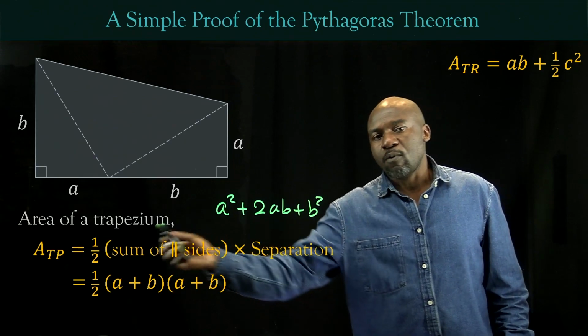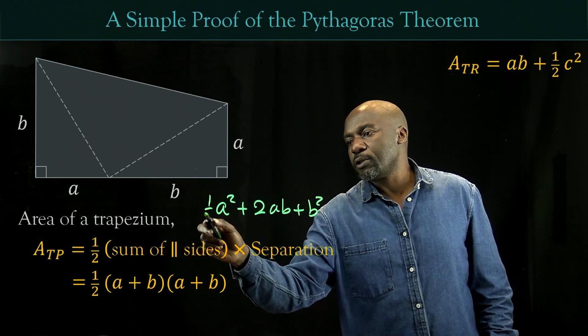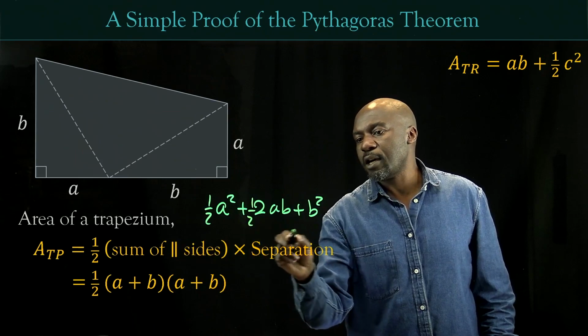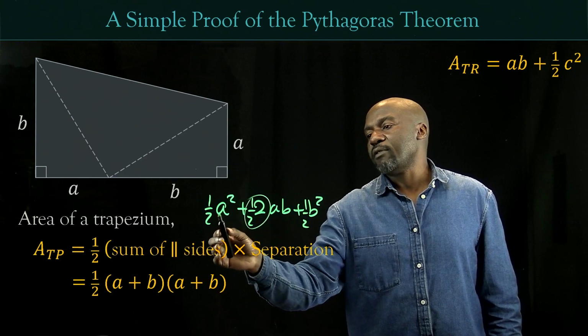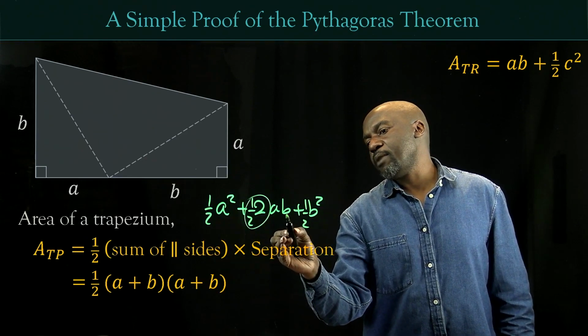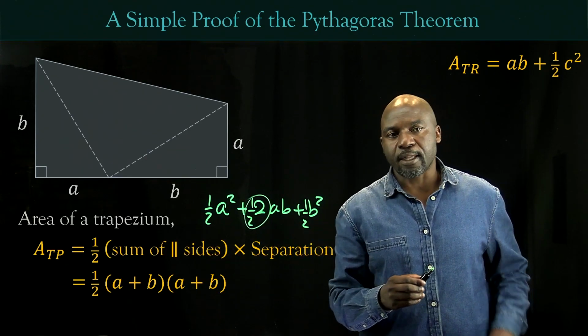And then we multiply by a half, so the half goes to each of these, and we have a half A squared plus AB plus half B squared, like that.